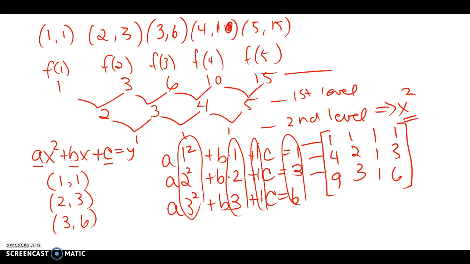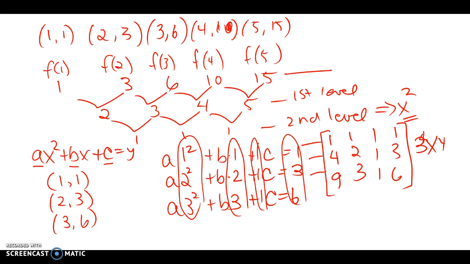Then I'm going to put in 1, 1, 1, 1, 4, 2, 1, 3, 9, 3, 1, 6. I think I have those in there. This is what it looks like. It is a 3 by 4, isn't it? So I will quit out of that so I can see my screen.